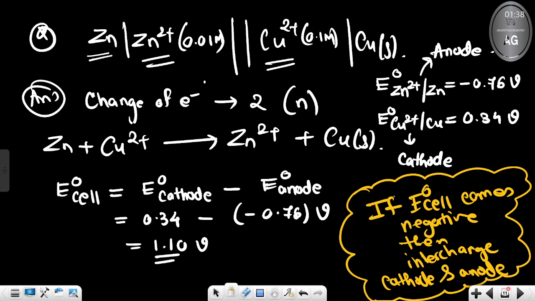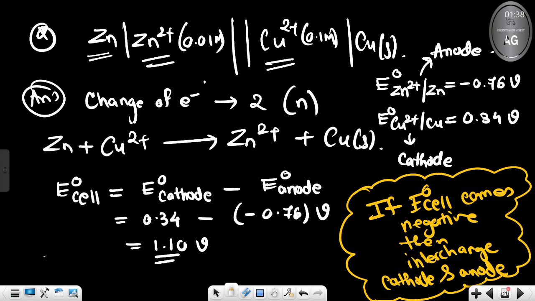Clear? So if E0 cell comes negative, please interchange the cathode and anode. No problem. Please interchange the cathode and the anode. Clear? Any more doubts over here? I think no doubts.